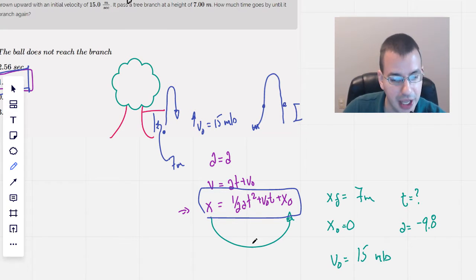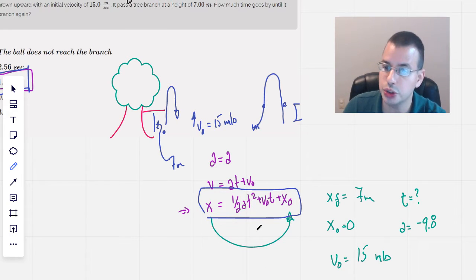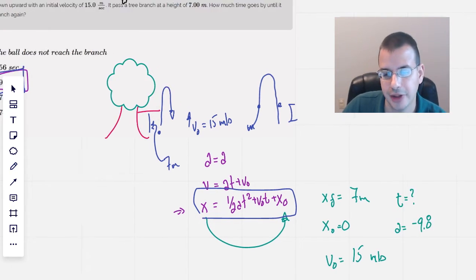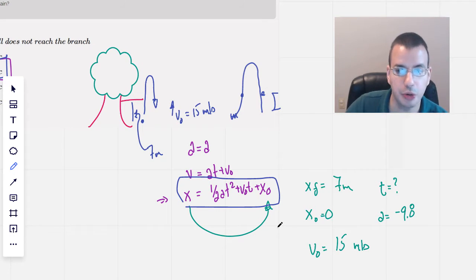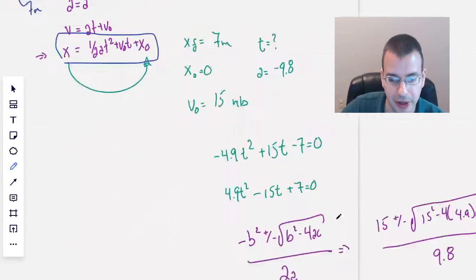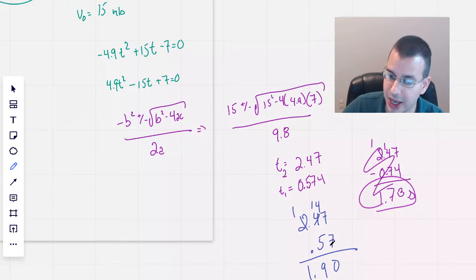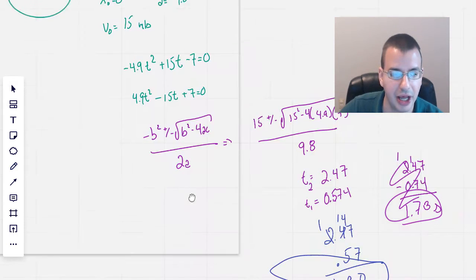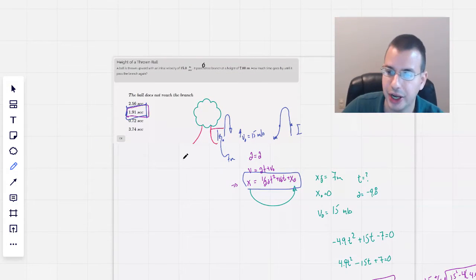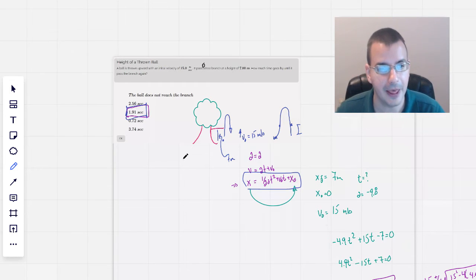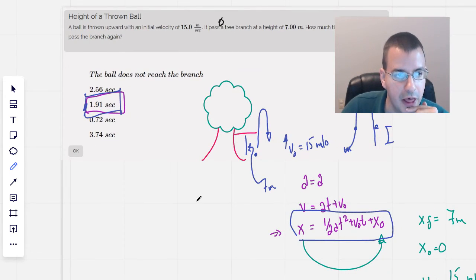Time appears squared, which tells us we'll possibly get two answers, and we want the difference of those. We plug things in, we don't make mathematical transcription errors, and we get an answer of about 1.9, which is about 1.91 if you're more careful with the numbers. And that is how we solve this problem.